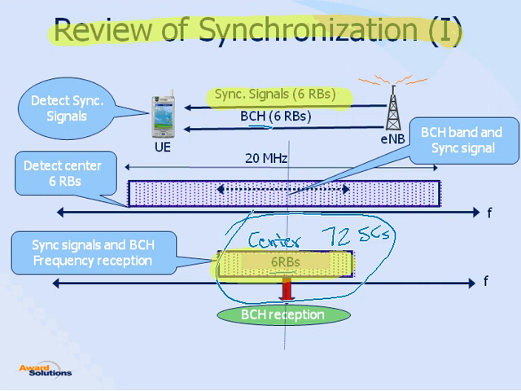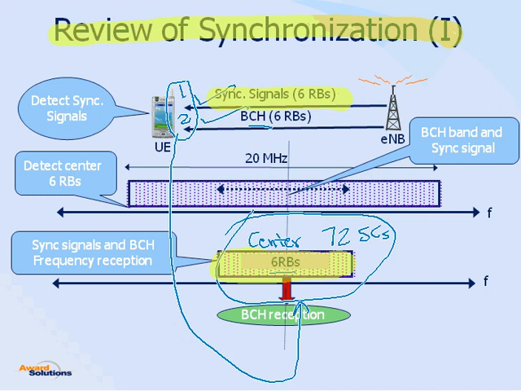So if you want to look at the primary signal, secondary signal and broadcast channel, you do not need to know the system bandwidth. We may be using 20 megahertz bandwidth or 10 megahertz, it doesn't matter. For the UE to detect these signals and the channel, it is just observing the center portion of the spectrum. So we do not need to know the system bandwidth at that time.